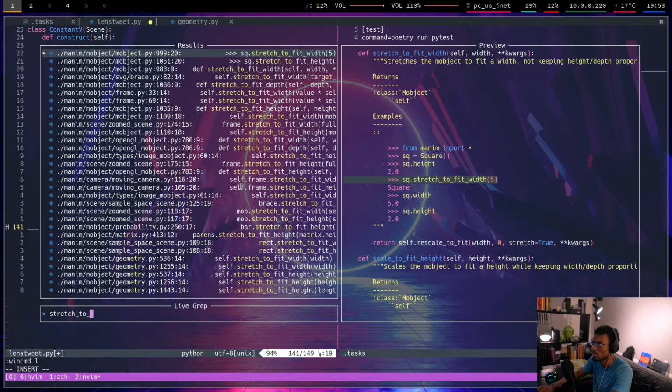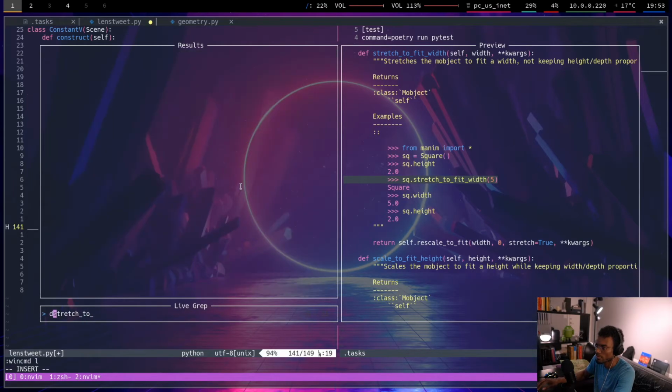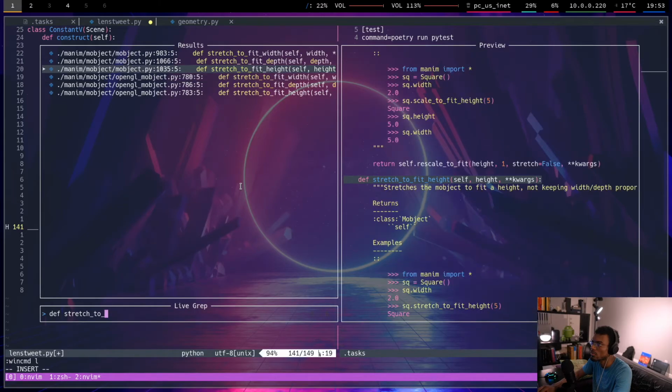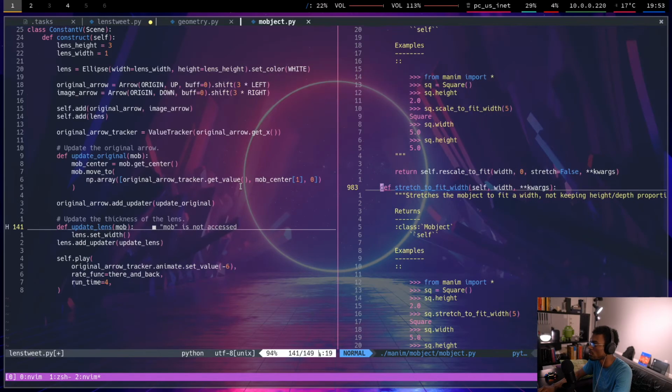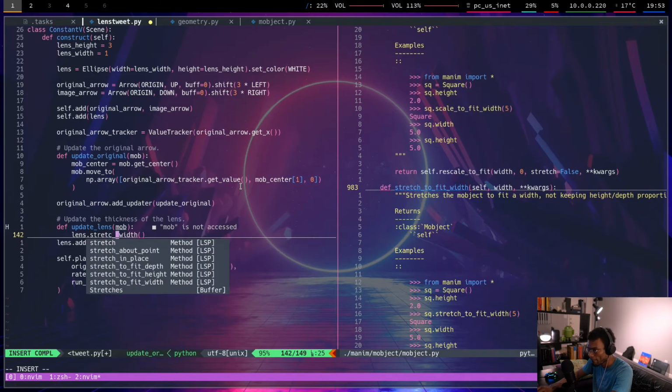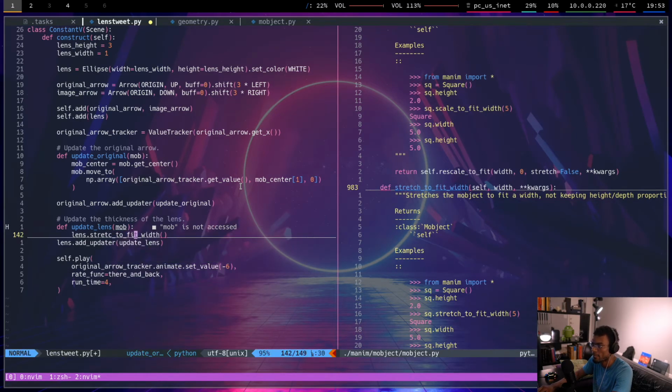Do def stretch to, yeah. So that'd be 1 over that value. So I have to get the original whatever value.